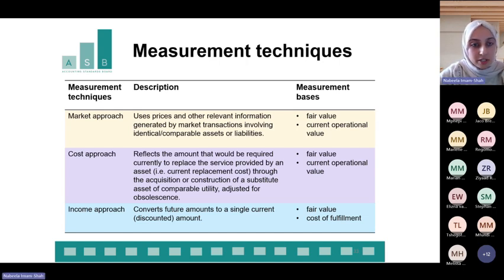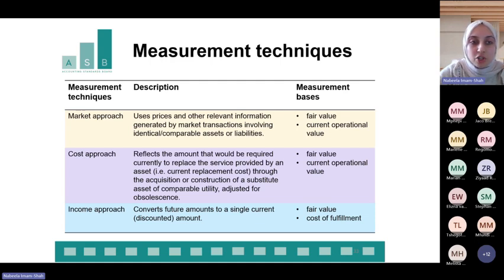Looking next at cost approach. This reflects the amount that would be required currently to replace the service provided by an asset. It's also known as current replacement cost, and this is done through the acquisition or construction of a substitute asset of comparable utility, then adjusted for obsolescence.